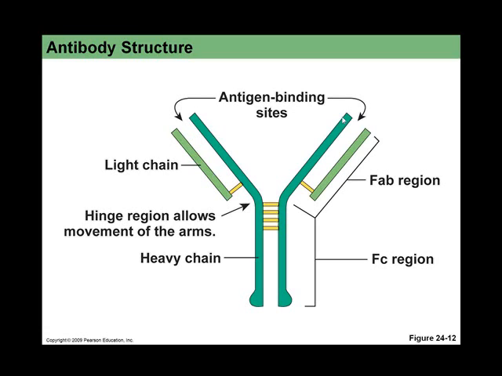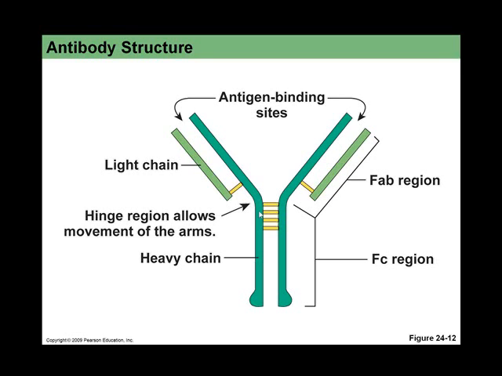Here's where you're going to see the highest variability. It's called the hypervariable region because it has to be adapted. The sequence of the amino acids here has to be adapted to have the specificity to match whatever antigenic determinant this single clone of antibody was produced against, right?